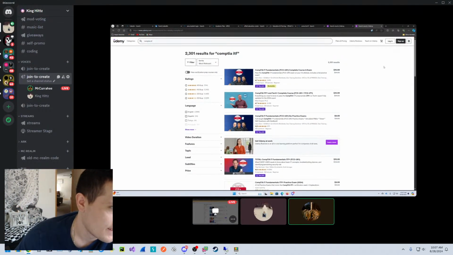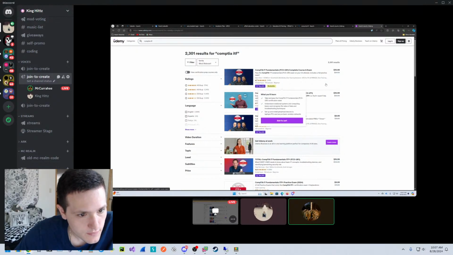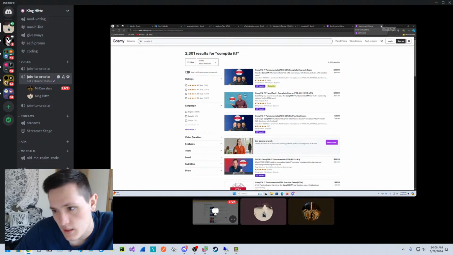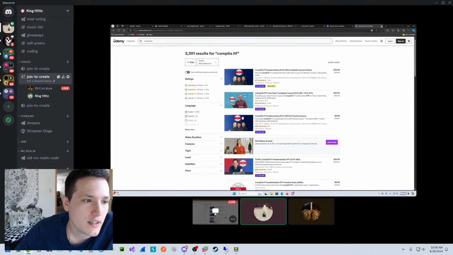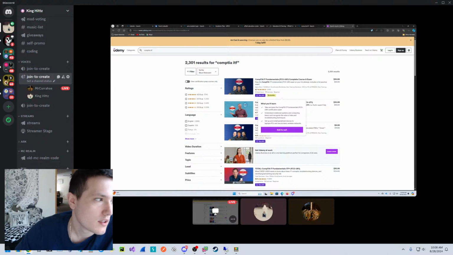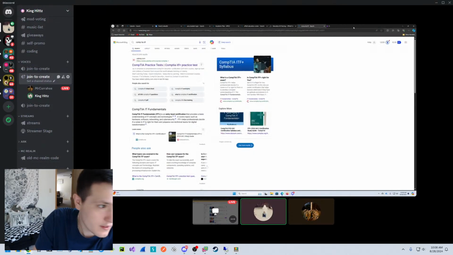Yeah, just to have it all on your account. That way we have more stuff, all in one place, so we're not having to buy multiple courses. Yeah, that makes sense. I'll add CompTIA and then I'll add ITF. Yeah, the CompTIA ITF. Okay, ITF.